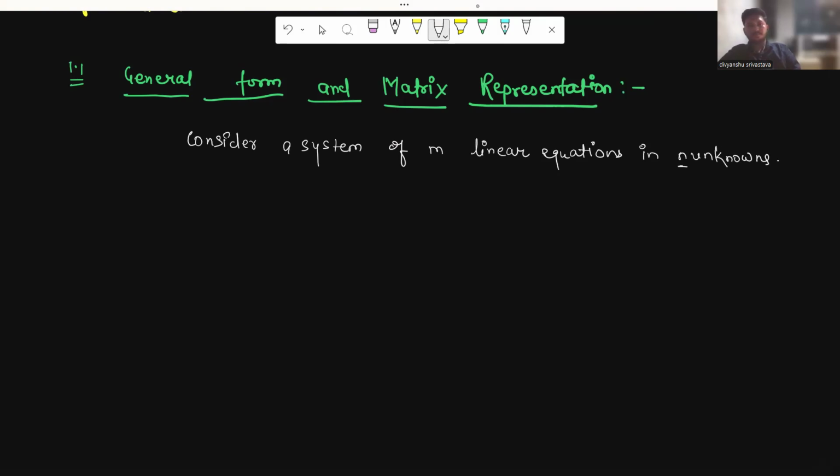So how do you represent it like this? First of all, take m linear equations in n unknowns.